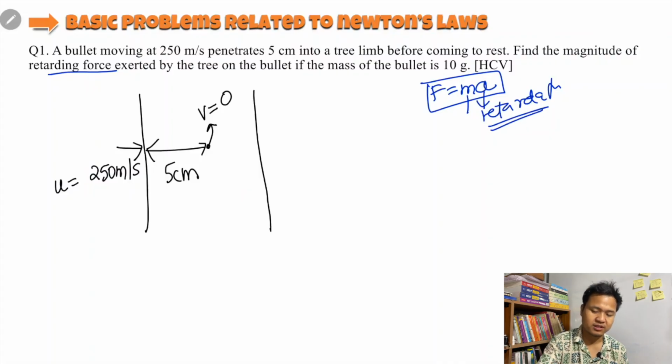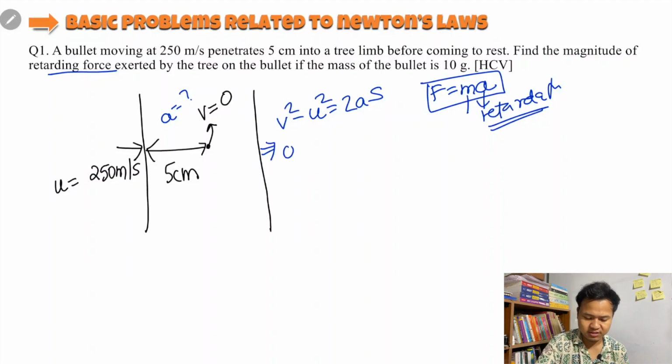So you need to find out what the retardation is here. You have v, you have u, you have x, you have a. So you can use v square minus u square equals twice as, right? So you solve this, how much do you get? V square is 0. 250 square equals 2 into a into distance of 5 into 10 power minus 2.